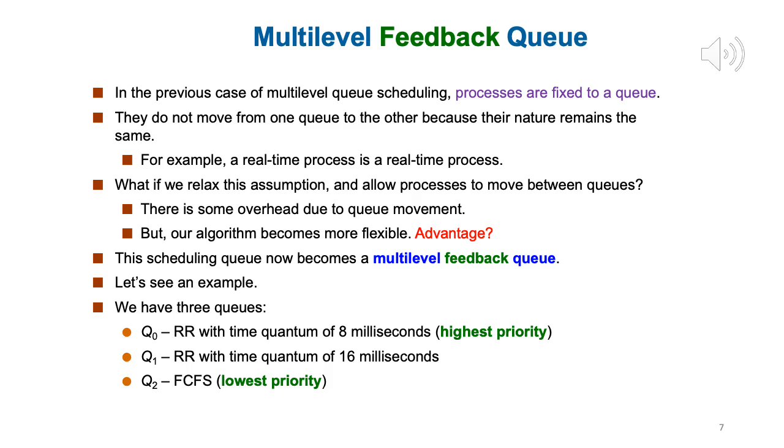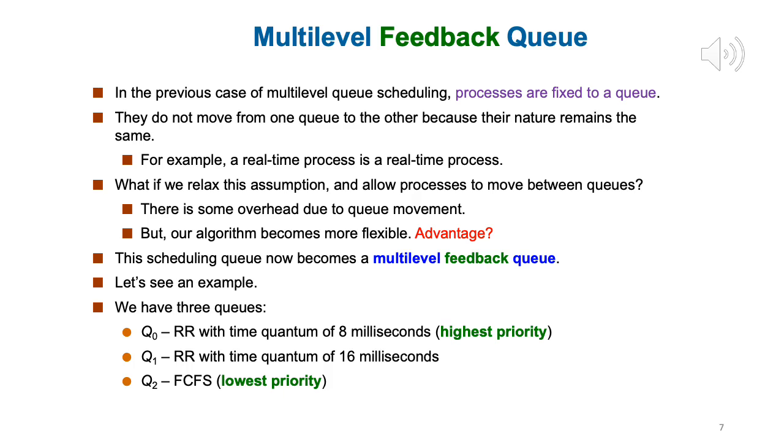That makes sense also. A real-time process will remain a real-time process. It doesn't make sense for it to go to a system process queue or interactive process queue or batch process queue. So in the previous case, the assumption was processes are fixed to a queue, which means they cannot move or travel from one queue to the other.